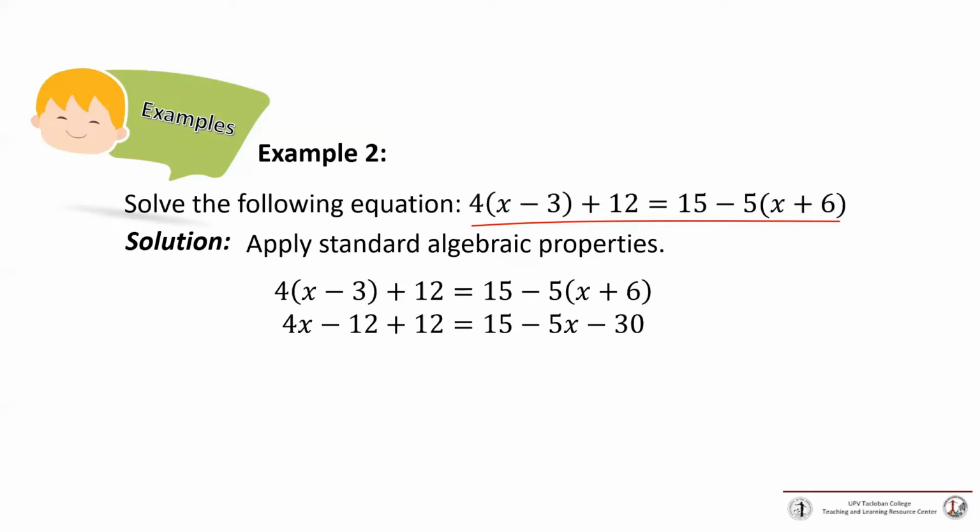That's why 4 times the quantity of x minus 3 becomes 4x minus 12, because we multiply 4 times x and then multiply by 3. Just copy 12, copy 15, and then you apply the distributive property here. Negative 5 times the quantity of x plus 6 becomes negative 5x minus 30.